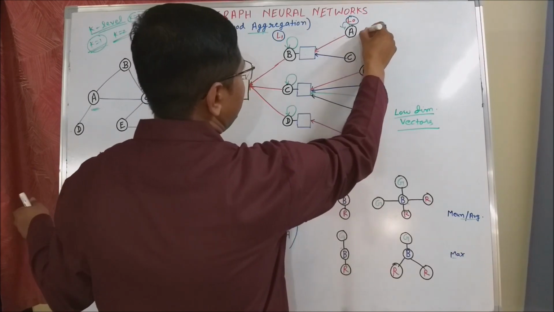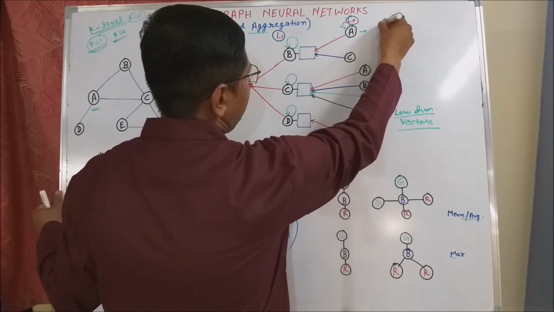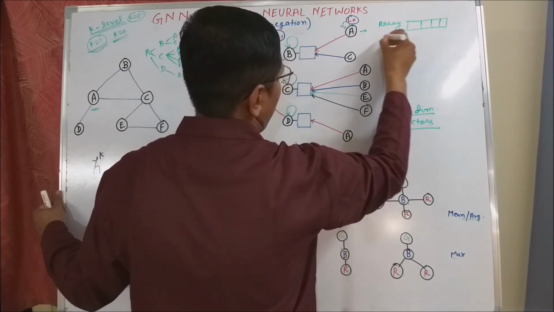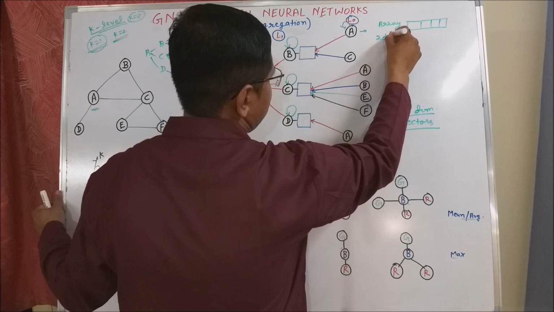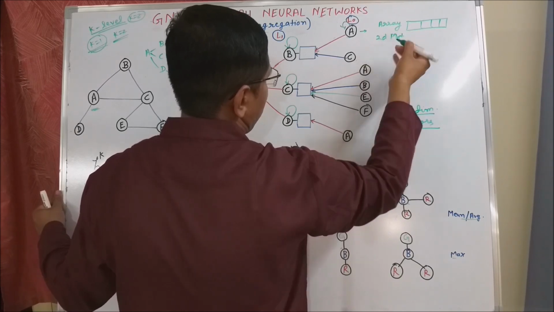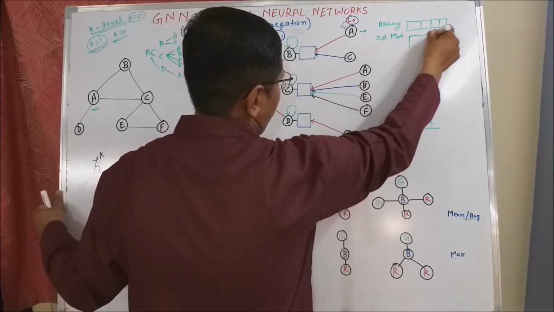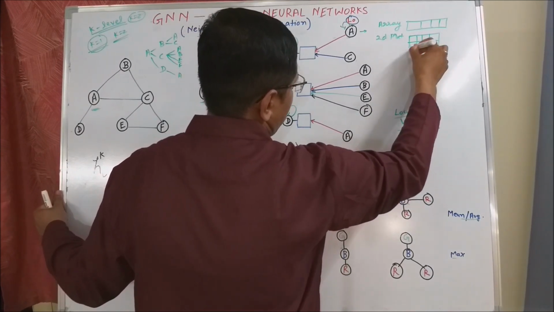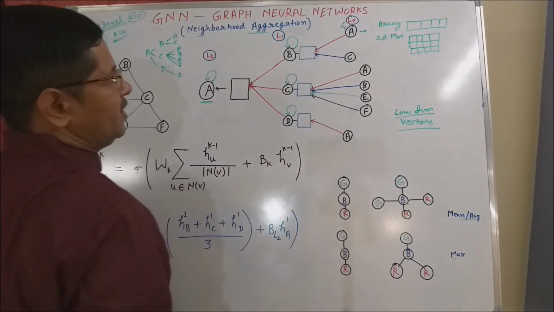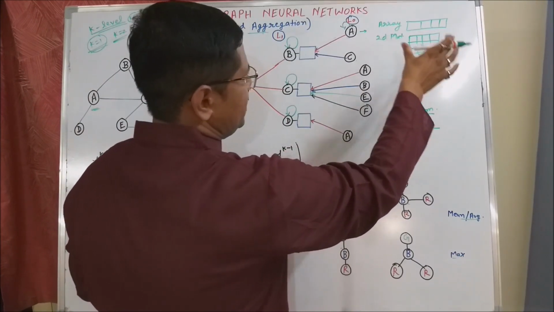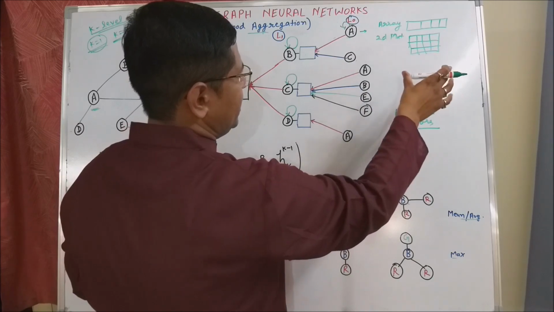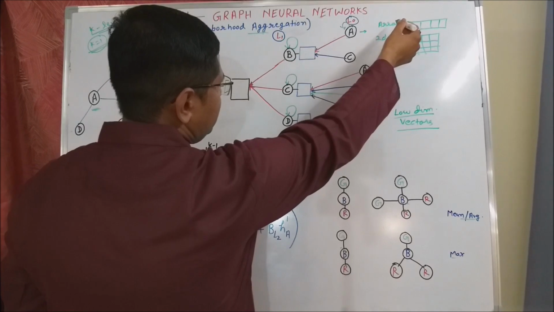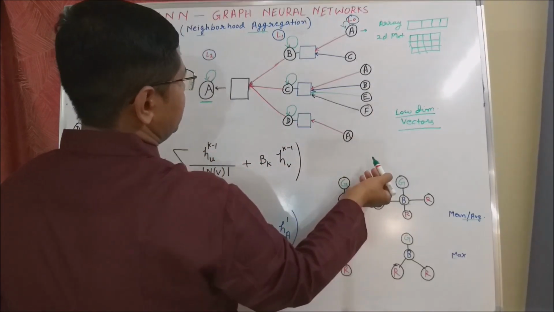Here input may be an array, or 2D matrix, or 3D matrix, whatever features that you have. For example, in the case of text, if you apply some embedding like word2vec, GloVe embedding, then it will be a 2D matrix. So for each node you will enter either an array, 2D matrix or 3D matrix.